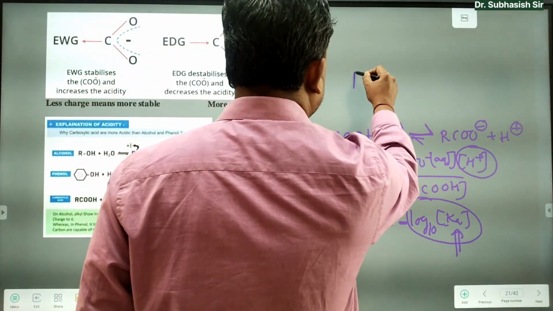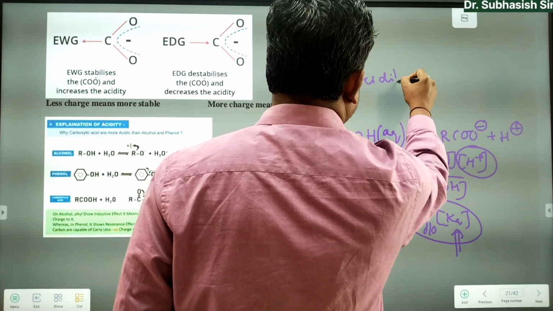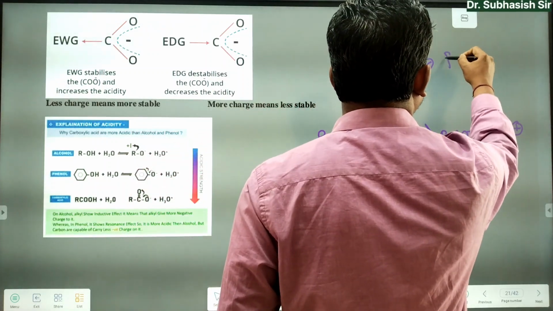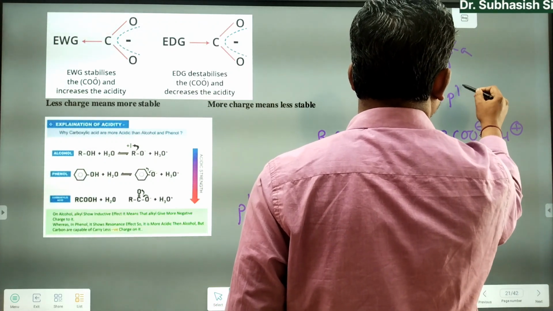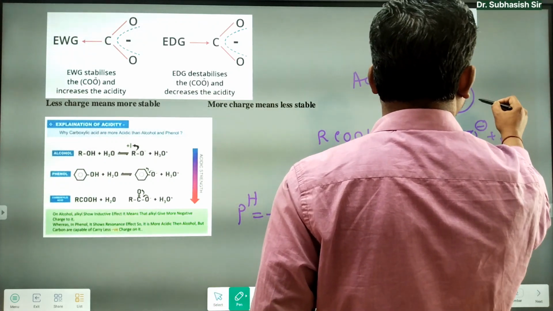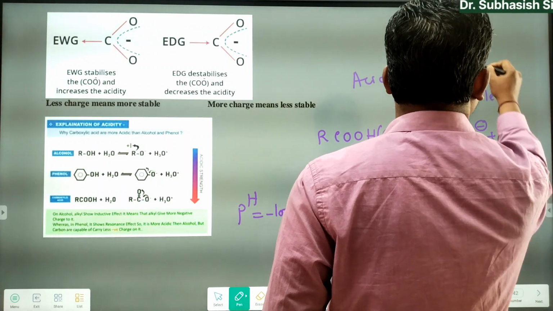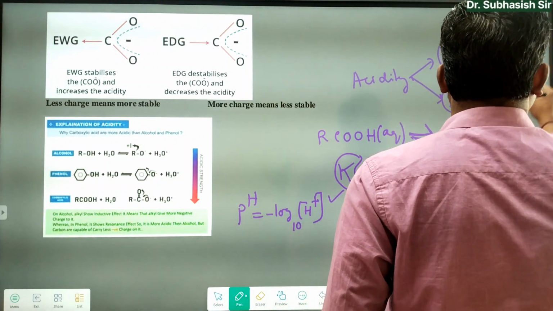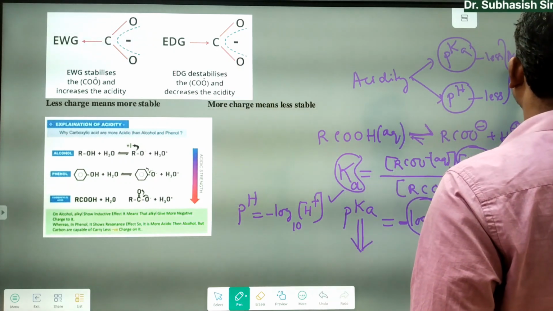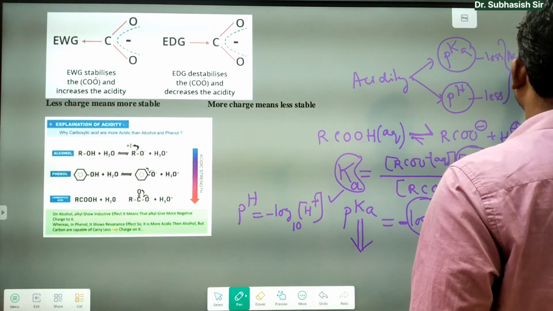Acidity we can measure with the help of two parameters, pH and pKa. If pH is less and pKa is also less, then we can say that acidity is more.